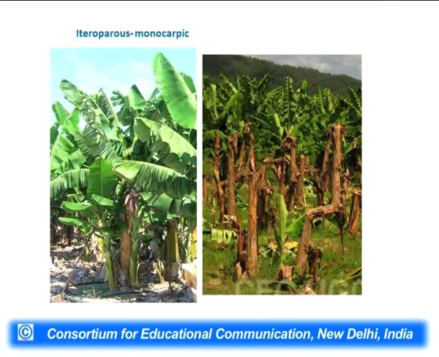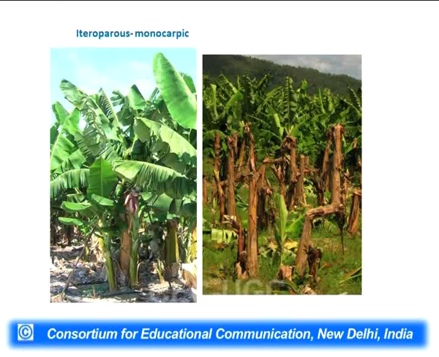So, this particular type of Lobelia keniensis is quite similar to what I explained to you earlier in the case of banana. This banana plant, upon flowering, dies. Like on the right side you can see all the mature banana plants which have given the fruit are dying out, but the young ones are coming up on the side and they will not die until again they give a flower.